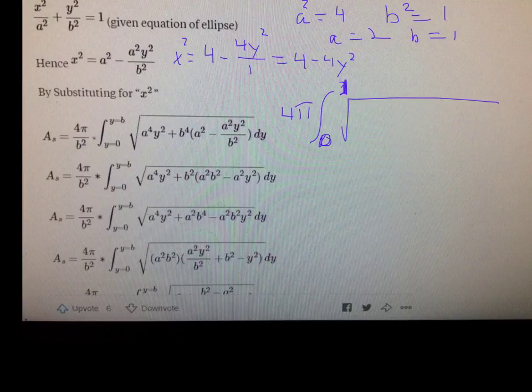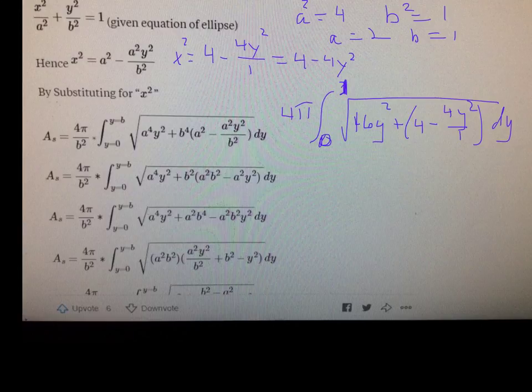Square root of, and then a squared y, oh sorry, that's not a squared, that's a to the 4th y. So that's going to be 16 y squared plus b to the 4th. B is just 1, so we'll leave that out. And then a squared is 4 minus 4y squared, and then that's going to be over 1 dy, right? And so the rest of this is just simplifying.